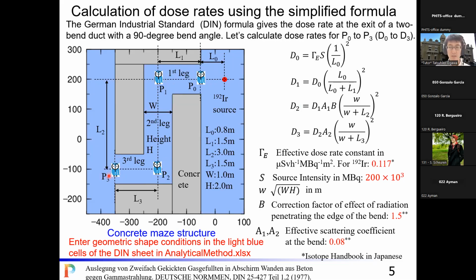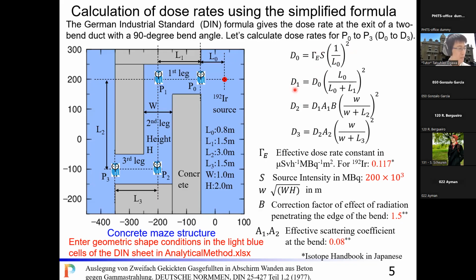P3 is the exit of the maze, so what matters the most is the dose rate at P3, the end of usually the controlled area. And according to the DIN formula, D0, the dose rate at P0, is calculated by this formula.